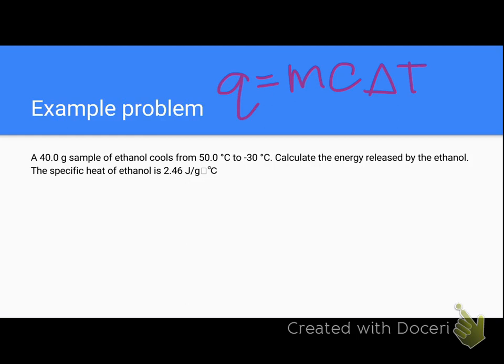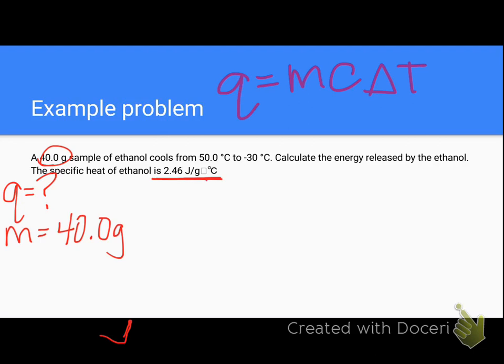Now, looking at this, if I go through and I start listing out my variables, Q is what I am solving for. My mass, it tells me right here, is a 40.0 gram sample. My C is given to me. That's my specific heat, remember?